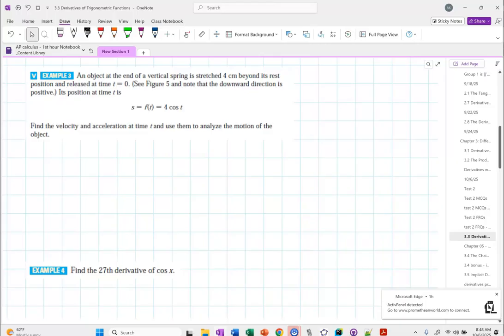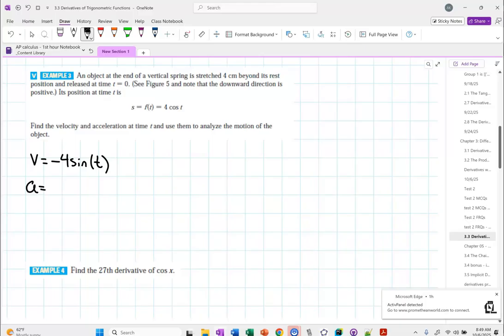So position is 4 cosine t. What's the relationship between position and velocity? Very good. So the derivative of 4 cosine t is going to be negative 4 sine t, right? Everybody's okay there?